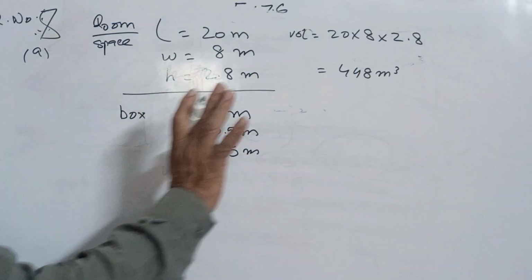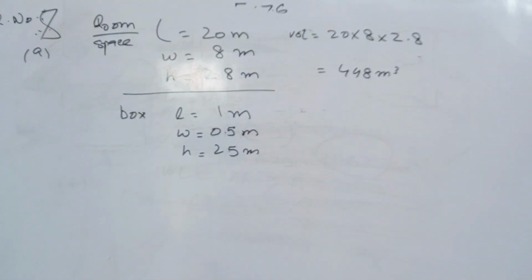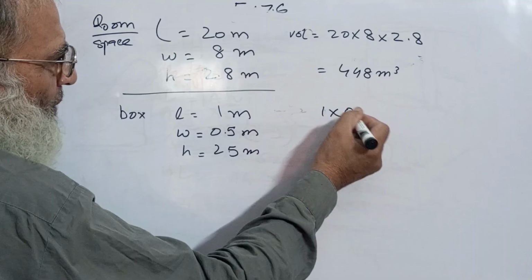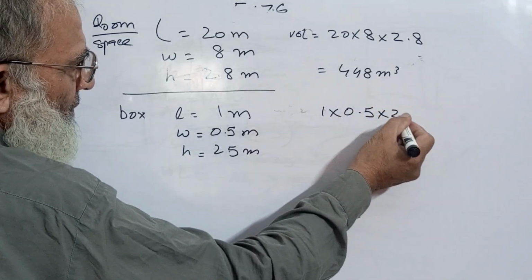Okay. Keep your answer with you. Now the volume of box, 1 multiplied by 0.5 multiplied by 2.5.